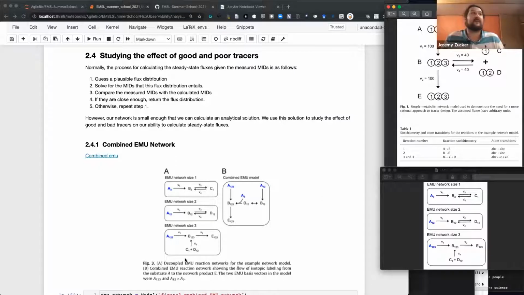If they're close enough, then you return the flux distribution. You say, that flux seems to have produced the MIDs that we actually observe. But if it doesn't, then you have to go back to step one and guess another flux distribution, hopefully one that's closer to the real flux distribution than the one you chose previously. Fortunately, our network is small enough that we can actually calculate an analytical solution. And so we'll use this solution to study the effect of good and bad tracers on our ability to calculate steady state fluxes.